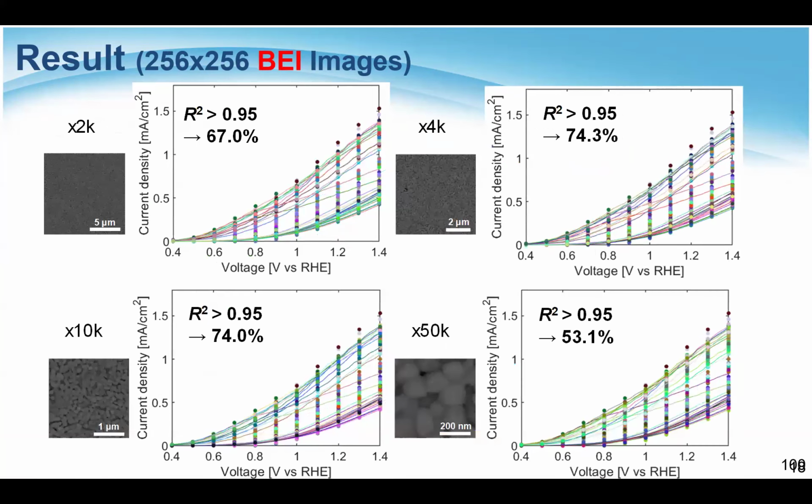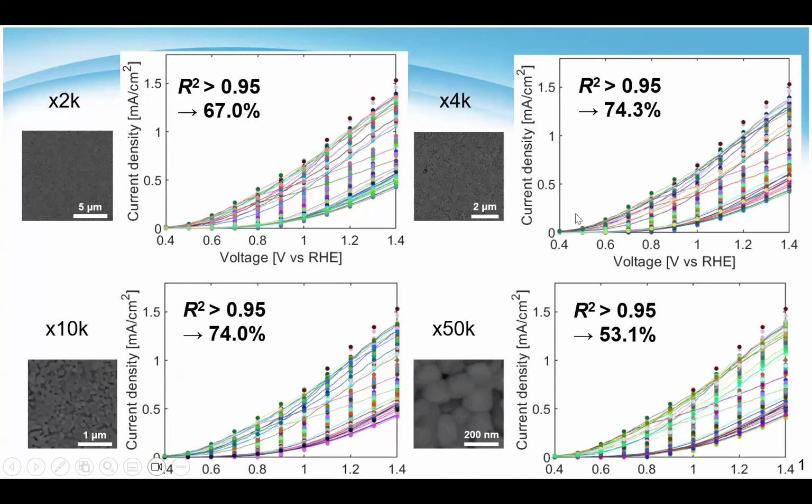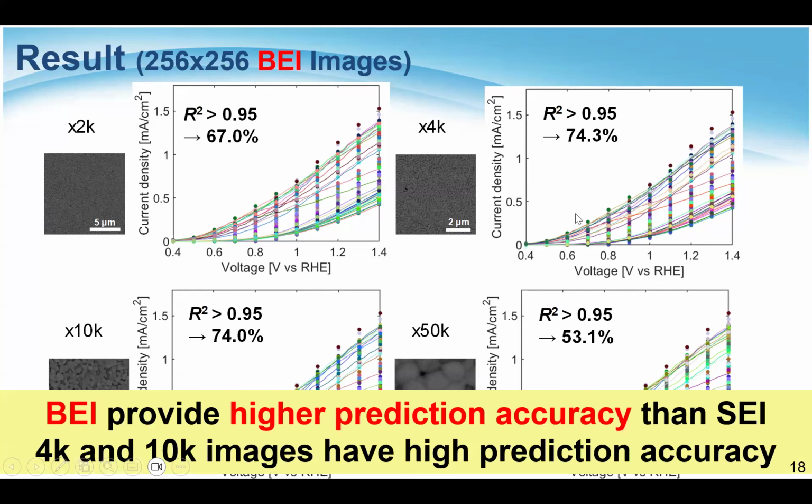When changed to BEI images, it actually jumped up to 67% for 2K, 74% for 4K, 74% for 10K, and 53% for 50K. And BEI provides higher prediction accuracy. And again, 4K and then 10K are better.